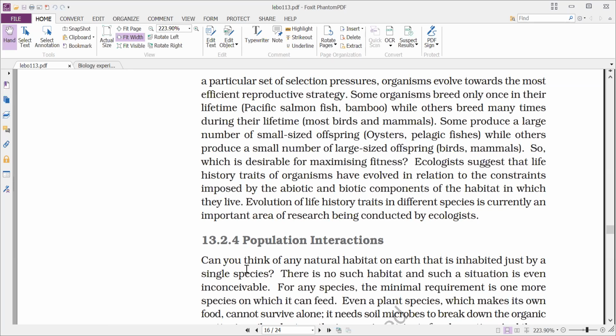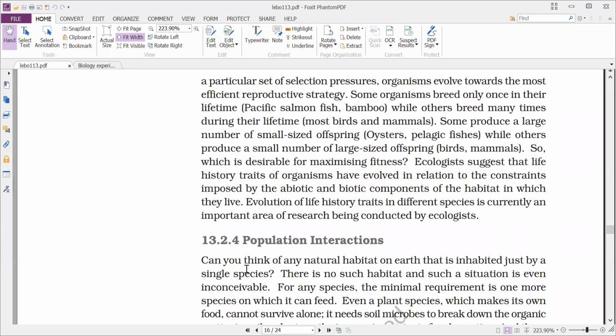Some will breed many times, like birds which lay eggs many times in their lifetime, and mammals which give birth to young ones many times in their lifetime, and some produce a large number of small sized offspring.